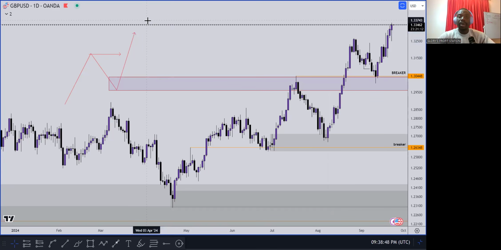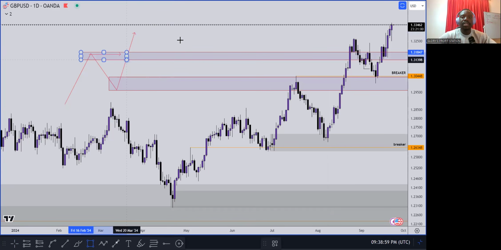Remember, whenever we have taken our structure to the upside, there must have been an invisible resistance area here that was broken to the upside. Why is that an invisible resistance area? Because it was a possibility for the market to not create a new higher high. The market could have reacted from here and then melted to the downside.